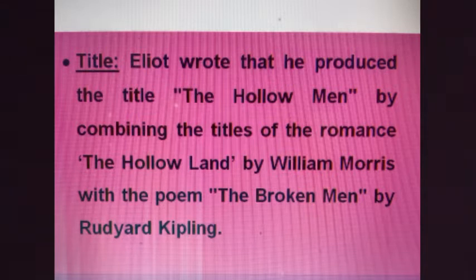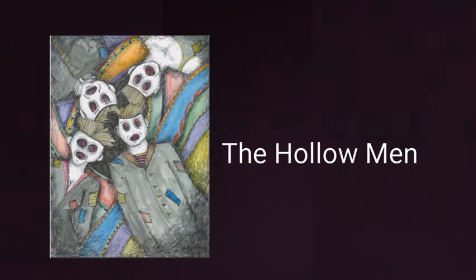So remember, T.S. Eliot's title The Hollow Men is a combination of pieces of titles taken from William Morris's work The Hollow Land and Rudyard Kipling's poem The Broken Men.